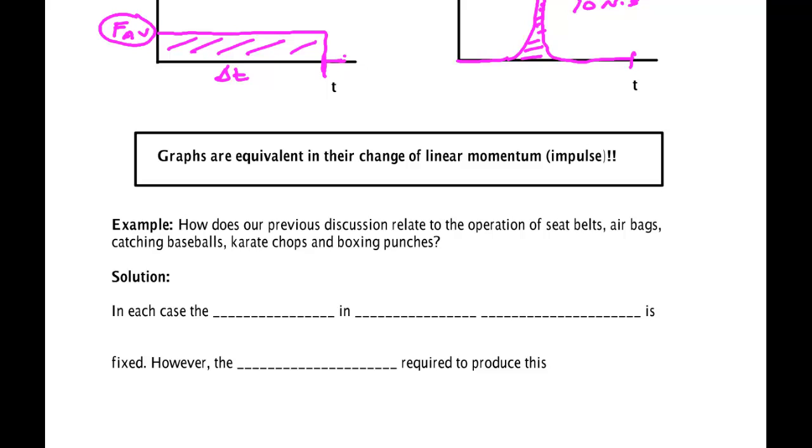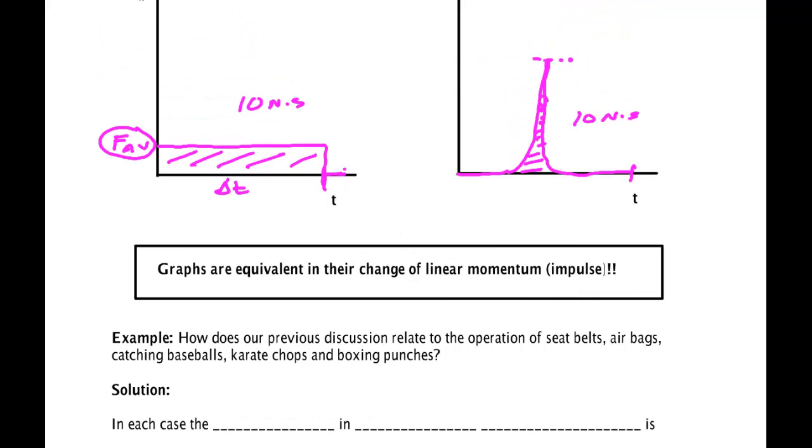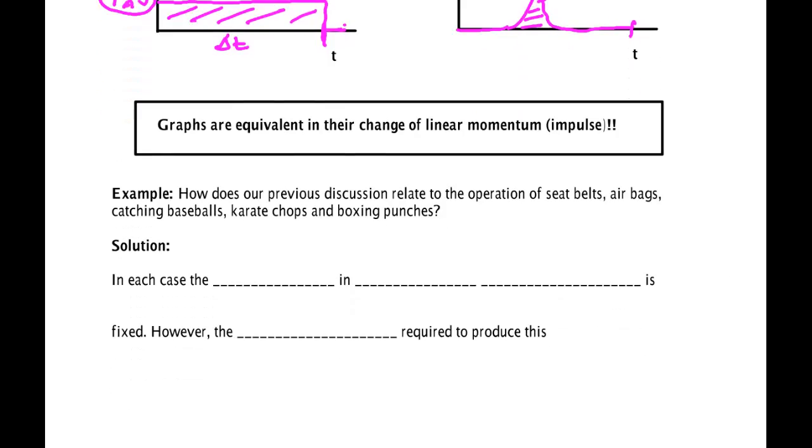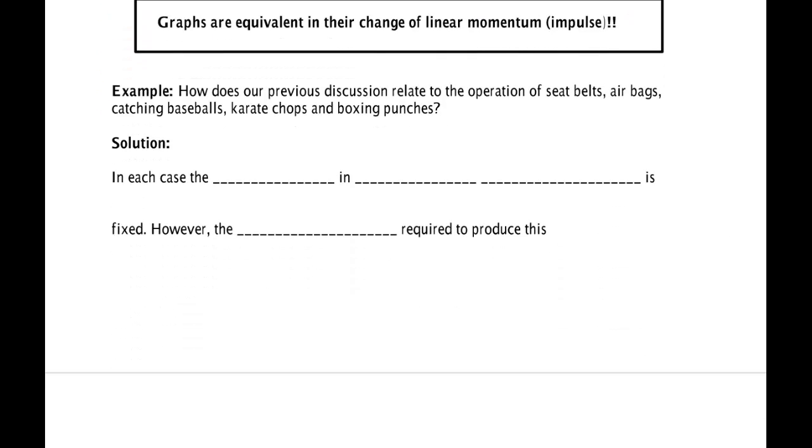So let's talk about this. You can have two graphs that are equivalent in change in linear momentum. That is, they have the same impulse, but they don't have the same force structure. This can be greatly important in things where things happen quickly. For example, it can be important in the operation of seatbelts, airbags, catching baseballs and footballs, karate chops, and boxing punches.